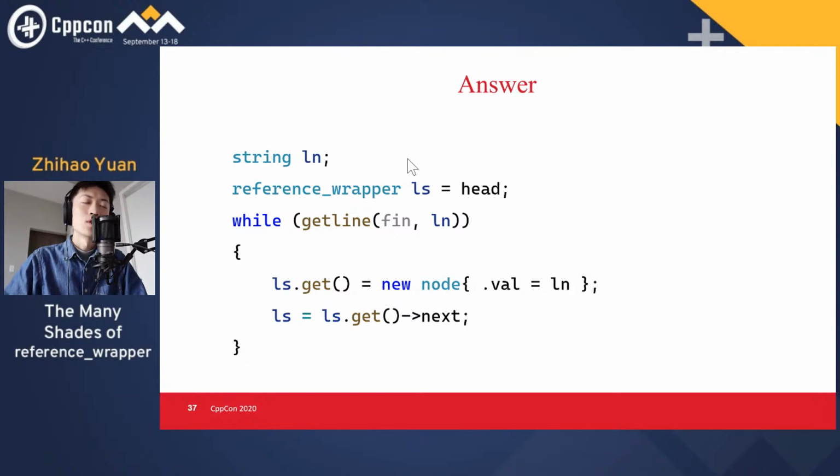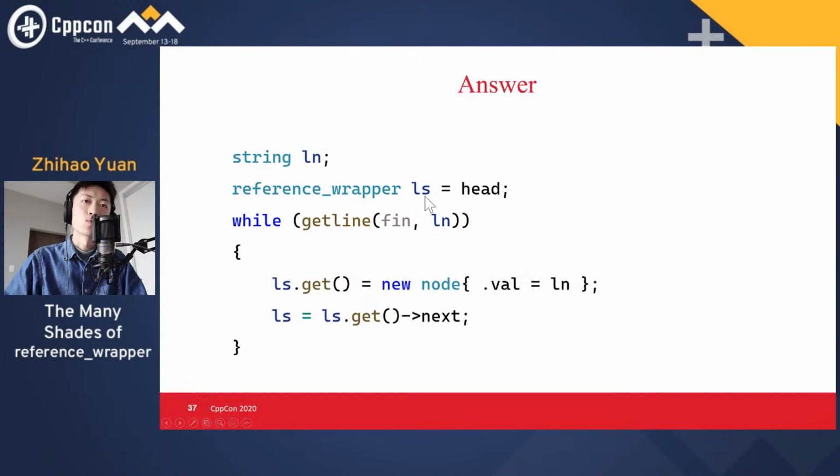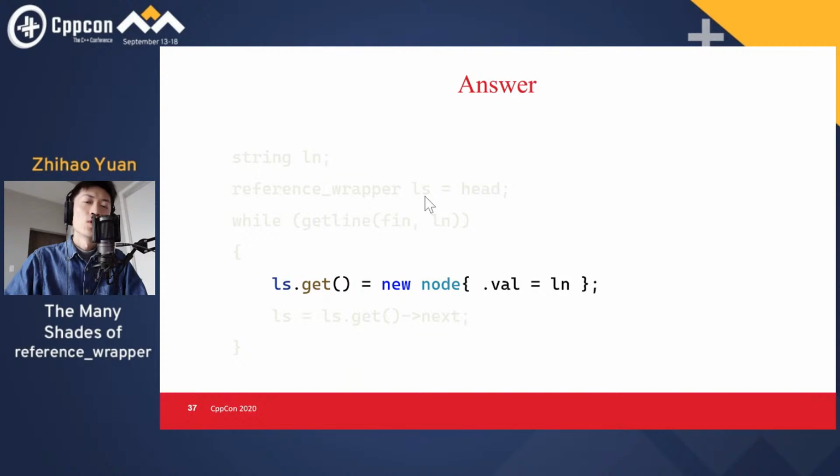Same as before, we start with binding head to a reference wrapper and rebind that in each iteration. The only difference is that this time we form a new node for each line we read and assign that node directly to the current node we are visiting.